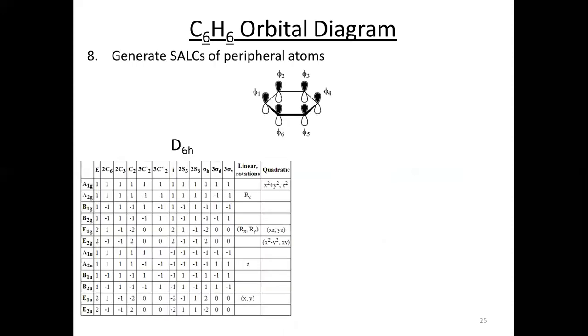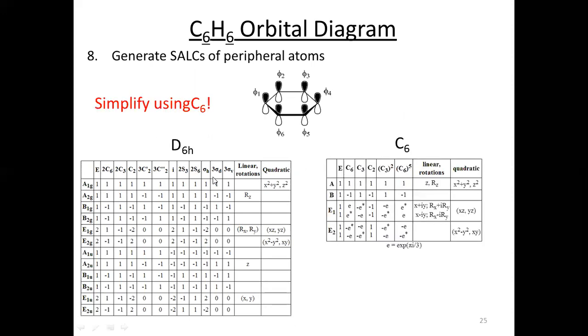Now we have to form symmetry adapted linear combinations by combining the orbitals of the same symmetry. So what are the different methods to generate the symmetry adapted linear combination? One method that we have earlier discussed is to take the point group, whatsoever the point group for that molecule, then apply all these symmetry operations through the projection operator onto one of the particular orbitals, and whatever combination we get through that, we have to adopt that.